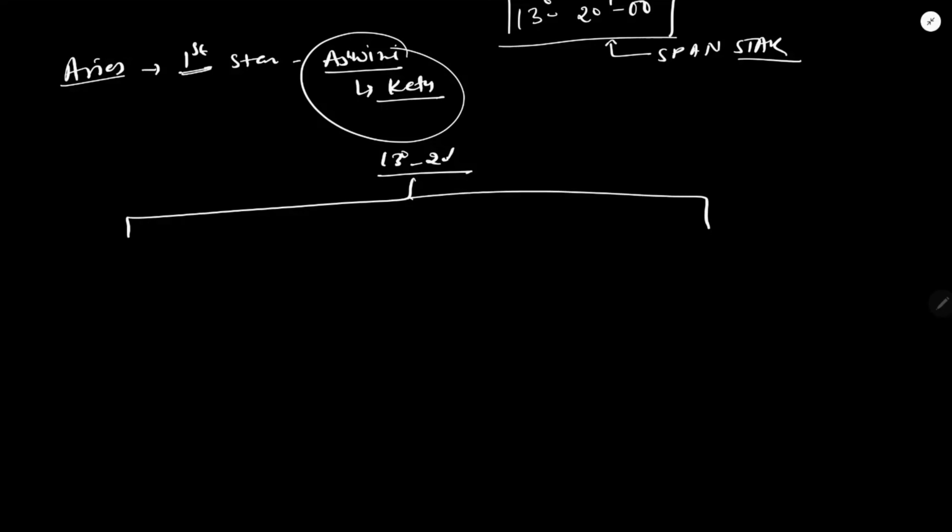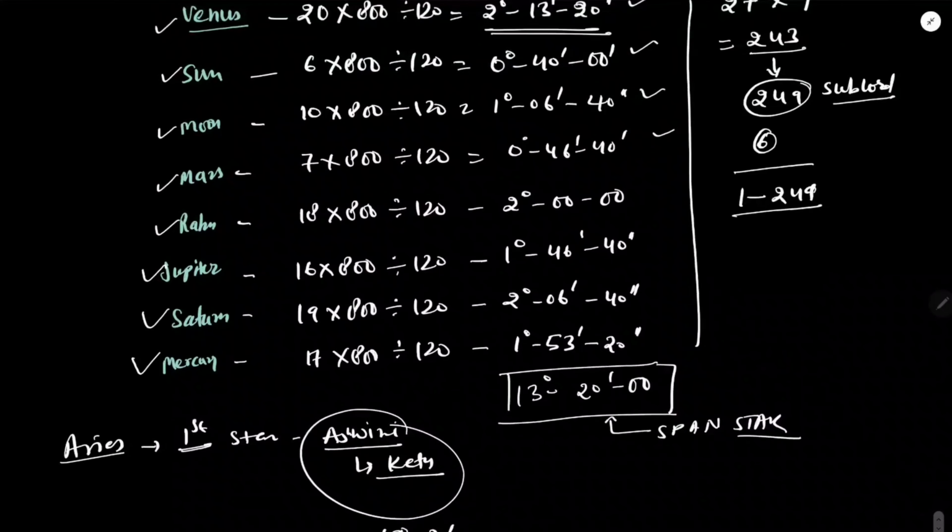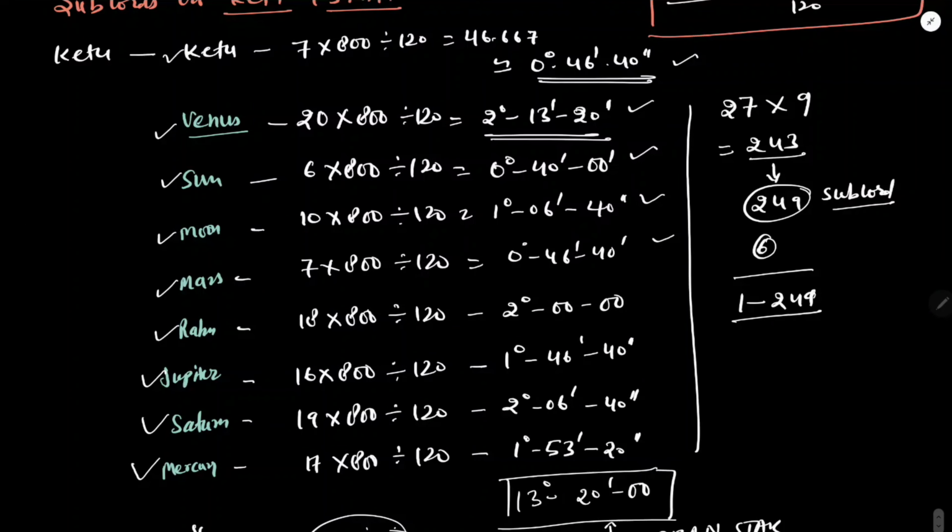In this first 13 degrees and 20 minutes, we will have 9 sublords, starting from 0 degrees, then 0 degrees 46 minutes 40 seconds.